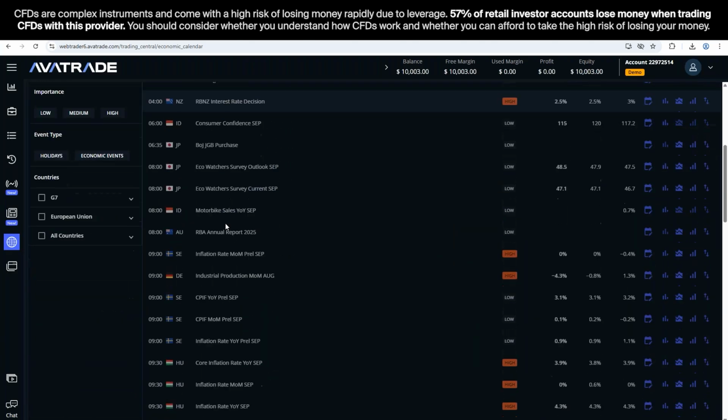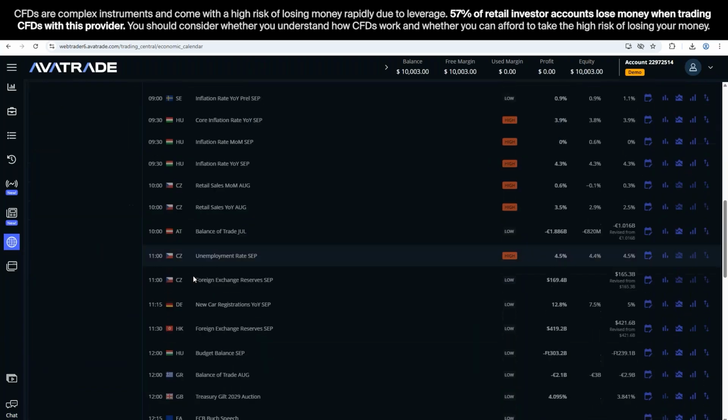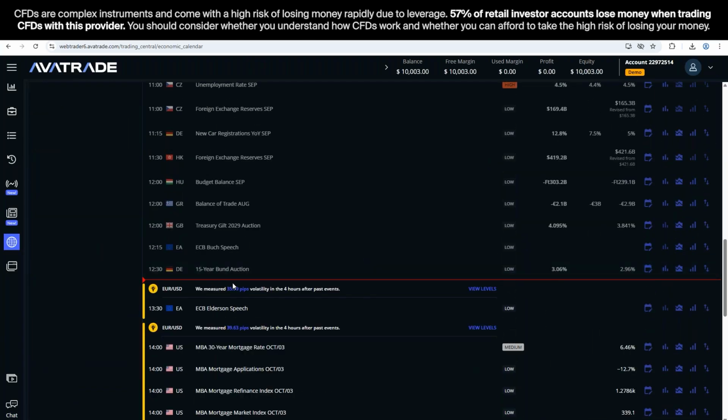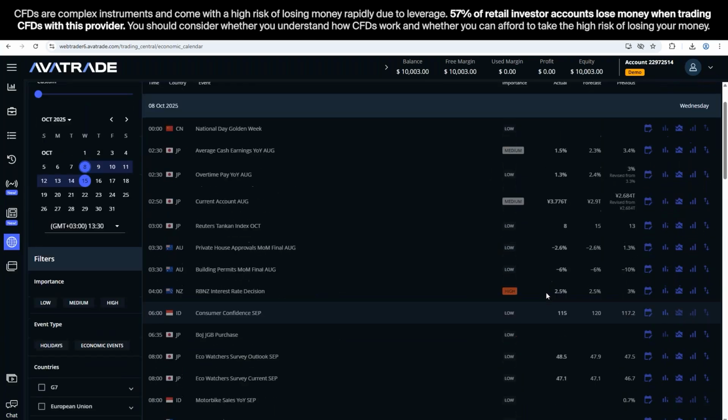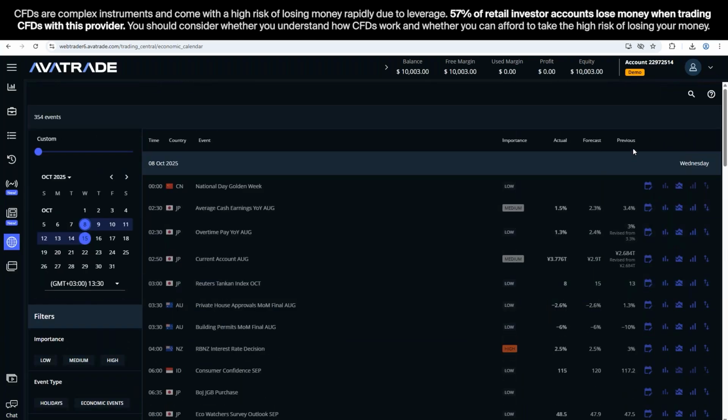If I scroll down, we'll see it's all grayed out until we see this red line. What's underneath the red line is current events that didn't happen yet. We can also know that from how the calendar is constructed.